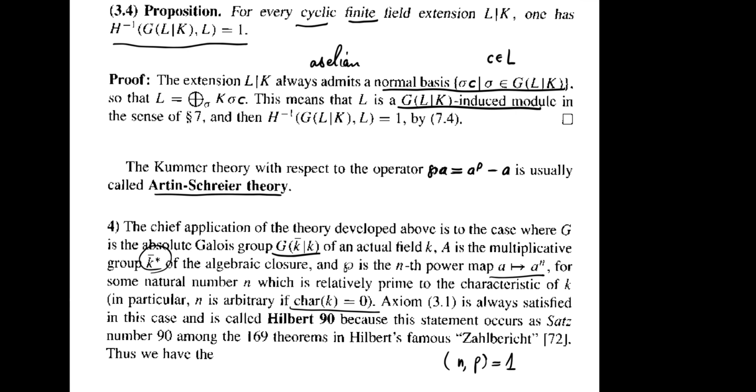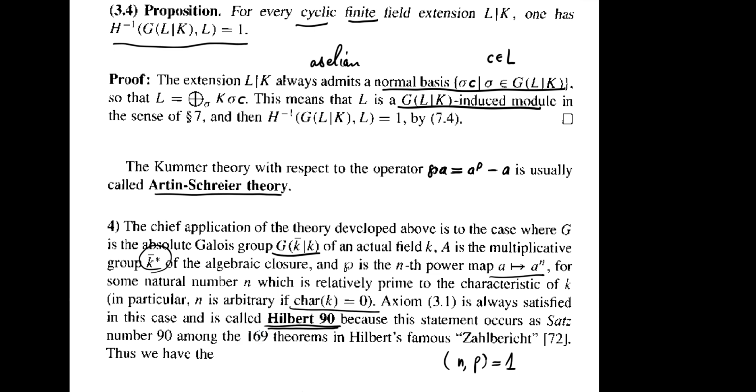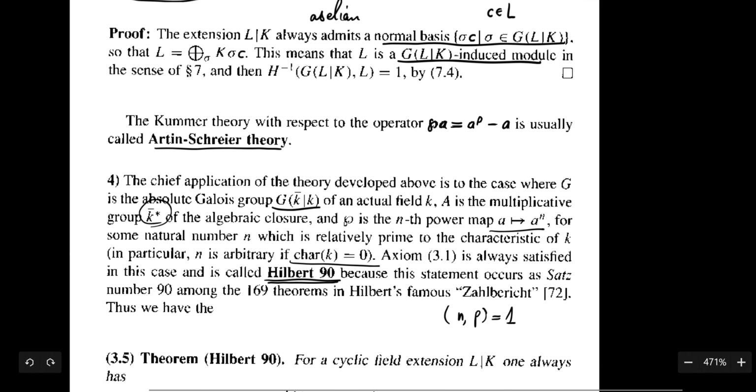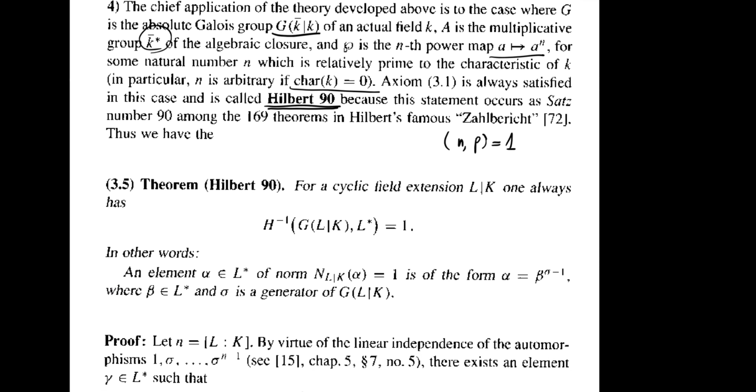Axiom 3.1 is always satisfied in this case, and it's called Hilbert 90 because this statement occurs as theorem number 90 among the 169 theorems in Hilbert's famous Zahlbericht. And there we have the statement for cyclic field extensions.